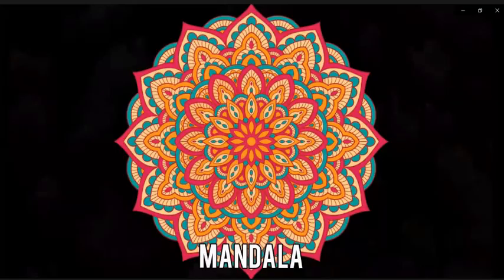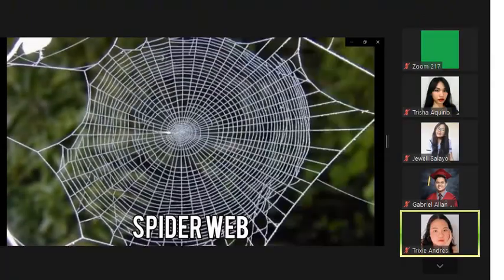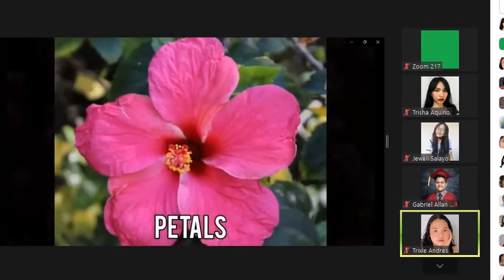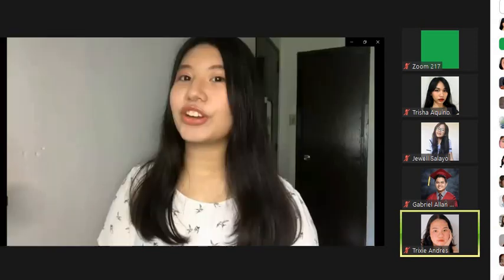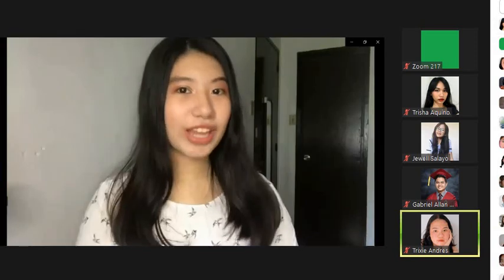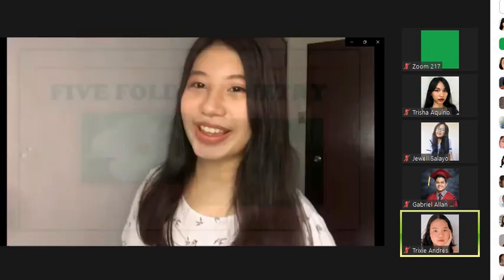Another example of radial symmetry is the mandala, which is the human-made symmetry. Lastly are the examples of radial symmetry based in nature. And these are the growth point of a tree, a spider web, and the petals from a flower. That's all for the radial symmetry. Boss James, take it away.